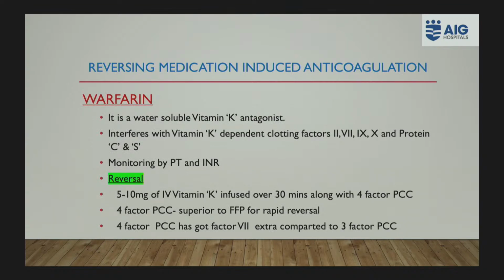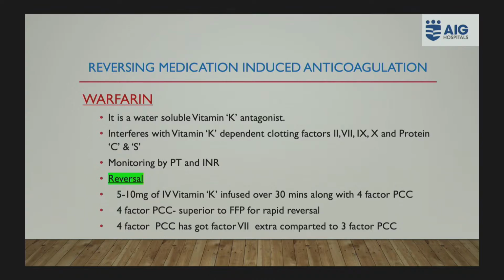Coming to medication-induced anticoagulation and its reversal, the core of the topic. Warfarin is one of the most commonly used anticoagulants in our practice. It's a water-soluble vitamin K antagonist, which interferes with vitamin K-dependent clotting factors 2, 7, 9, and 10. This can be monitored by measuring PT, a test that is affected by reductions in factors 2, 7, and 10.